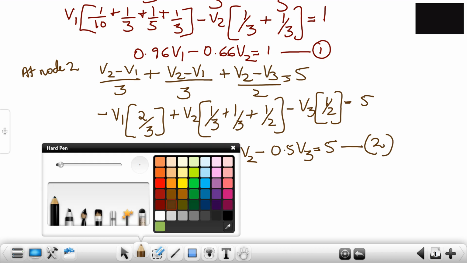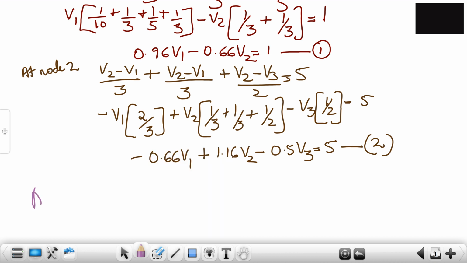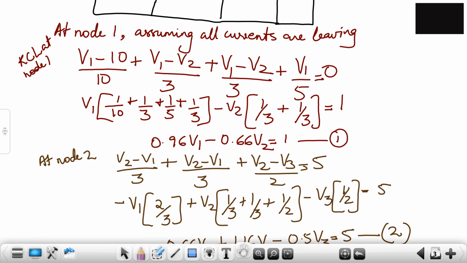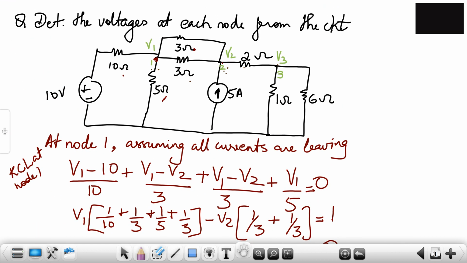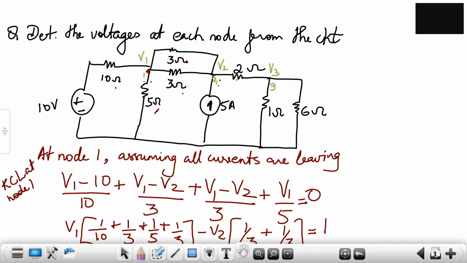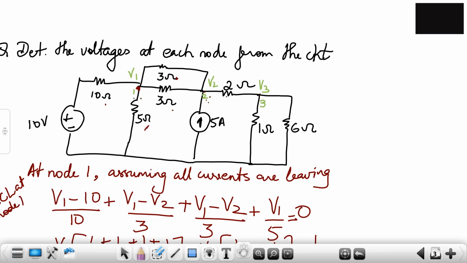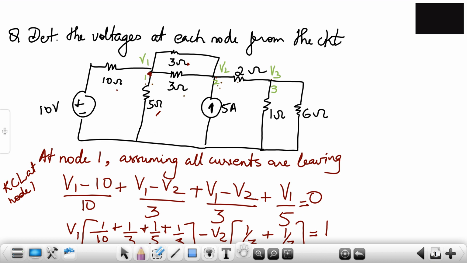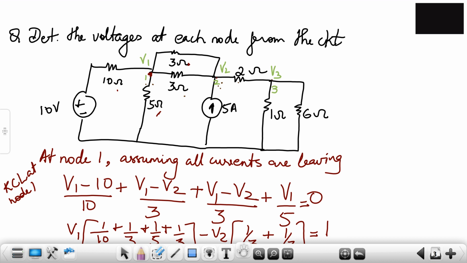Now let's do node 3. If you see at node 3, what will be the equation? (V3 minus V2) upon 2 ohms, V3 upon 1, plus V3 upon 6 ohms.